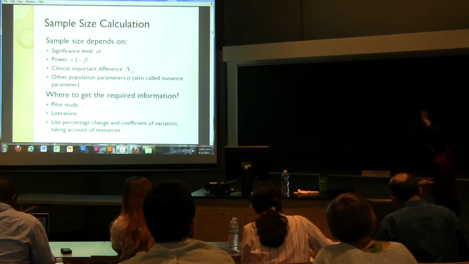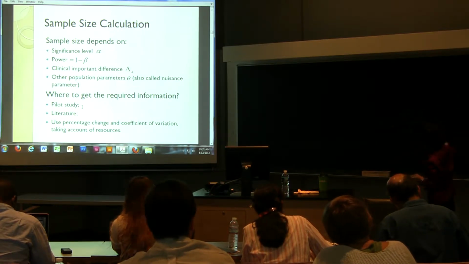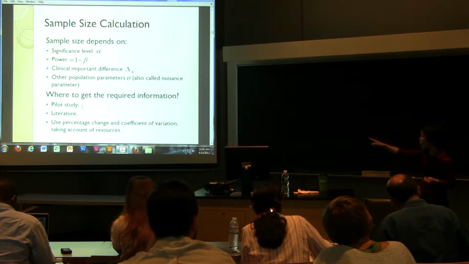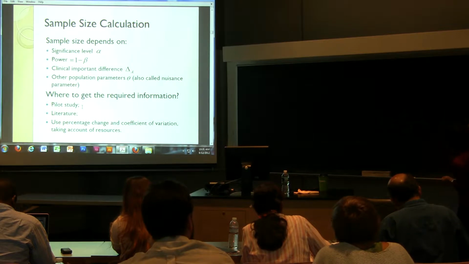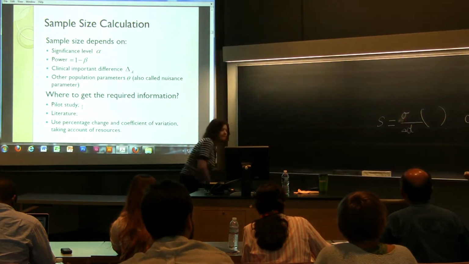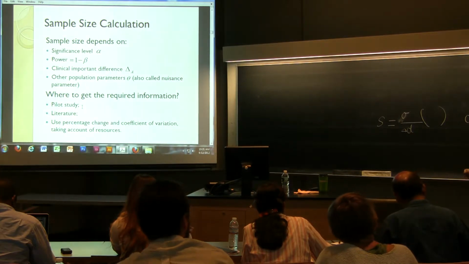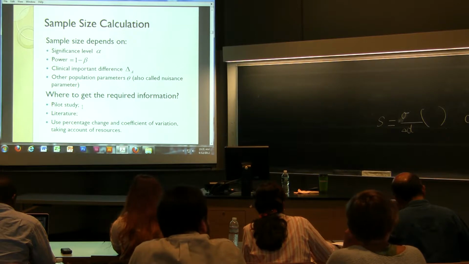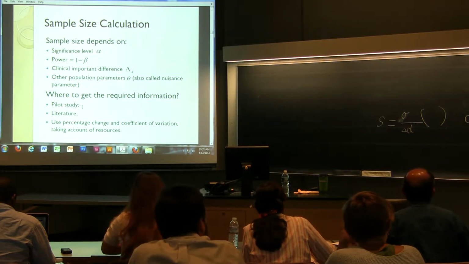So in this way, the coefficient of variation is equal to the standard deviation divided by the mean. So from here we can get the standard deviation equal to mu times the coefficient of variation.